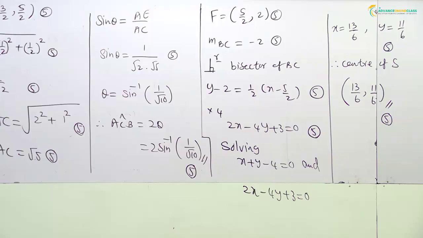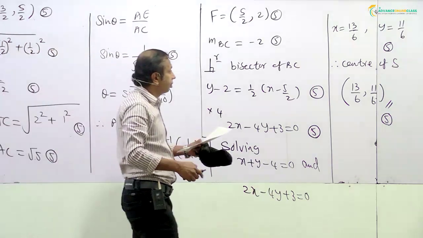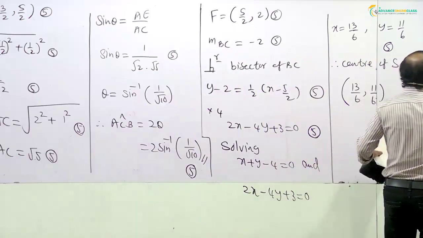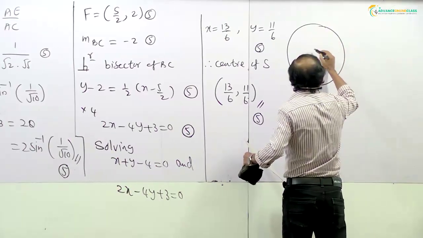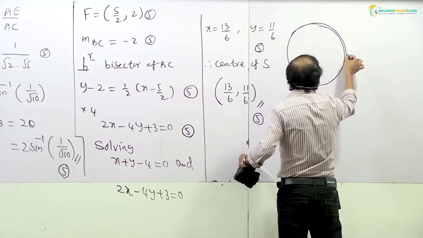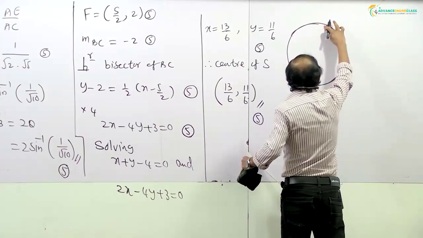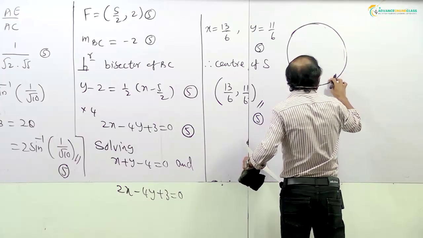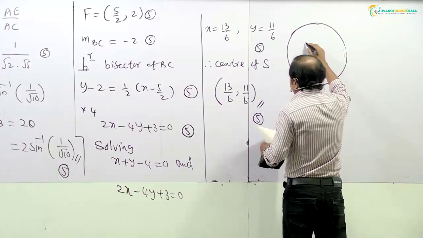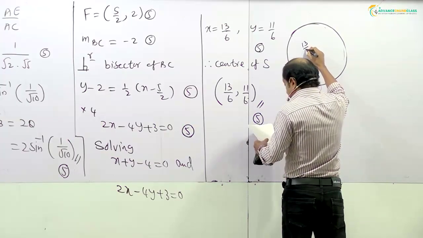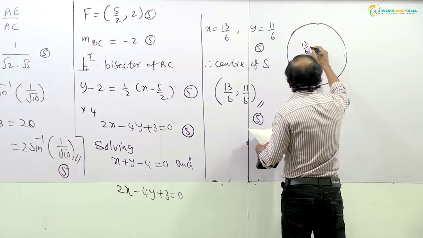Right. Okay, next one. Next part. And find the equation of S. Right. Now, if I sketch this circle, if I roughly draw like this, center we know. Okay. Center 13 by 6, 11 by 6.